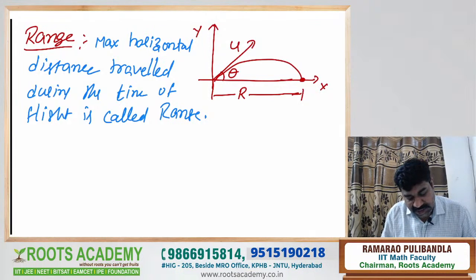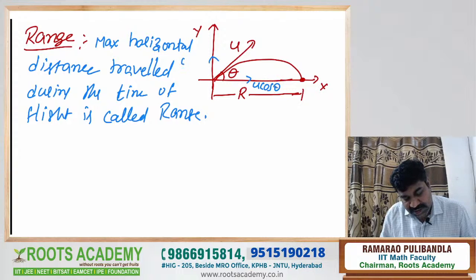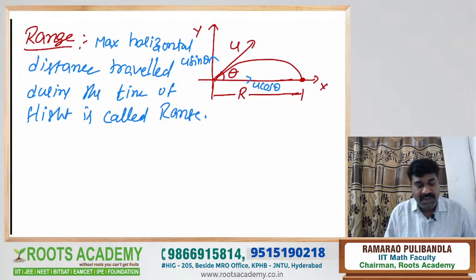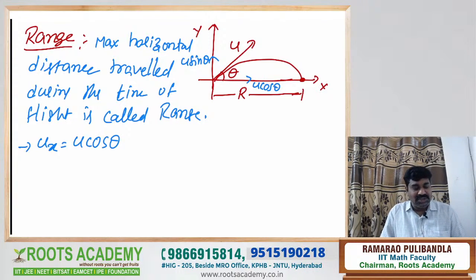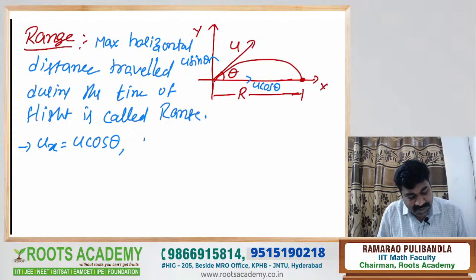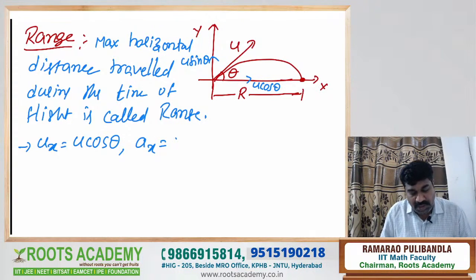Here, velocity is resolved into two rectangular components, u cos theta and u sin theta. We want to find the horizontal distance, so we take the horizontal velocity ux equal to u cos theta. The horizontal acceleration is 0 because it is only moving in a gravitational field.